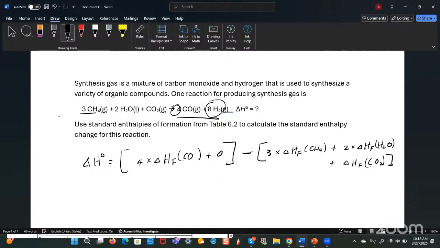All right, and that's the setup. So all we have to do now is consult the tables.